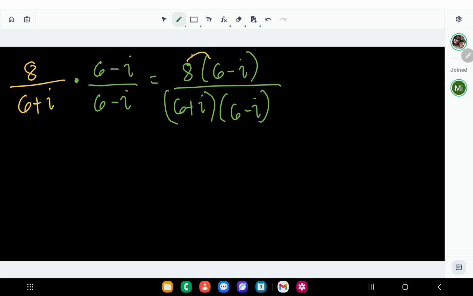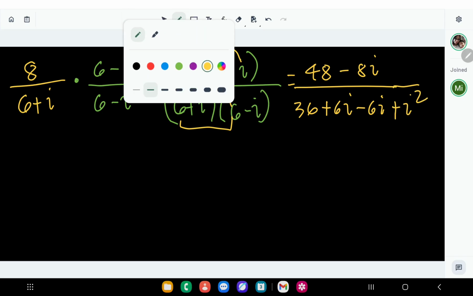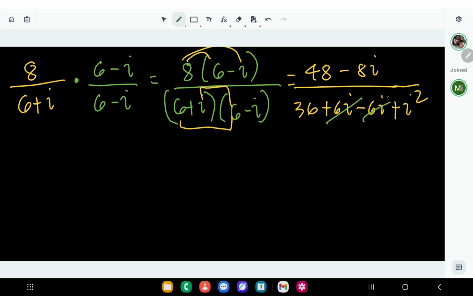Then we distribute. 8 times 6 is 48 minus 8i over, we FOIL this one. 6 times 6, 36. This is 6i minus 6i, then plus i squared. This cancels out, so we have 48 minus 8i over 36 minus 1, because i squared is negative 1.